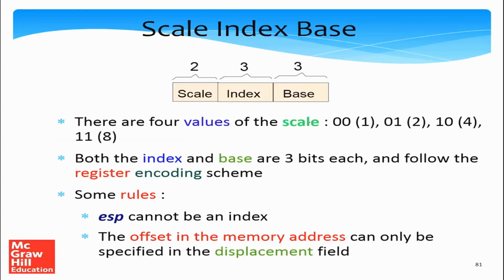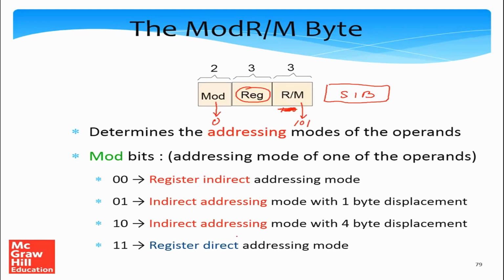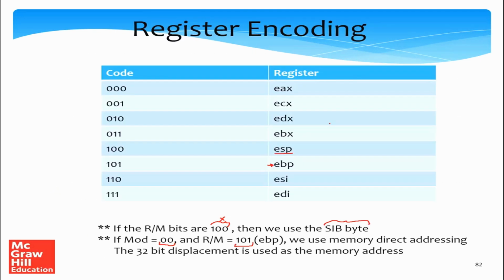So 101, as we see from this, points to EBP. So the mod is 00 and R/M is 101. In this case, what should we do? What we should do is use register indirect, but we'll not do that. We'll treat the mod bits being 00 and R/M being 101 as a special case. And this special case corresponds to memory direct addressing.